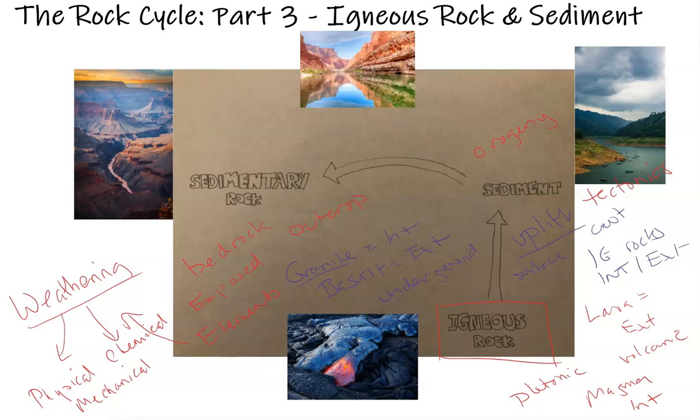Once you have that rock on the surface, on the crust, it's exposed to the elements, and over a course of time, some faster than others, you get the process of weathering, which is the breaking down of the rock into smaller and smaller pieces.